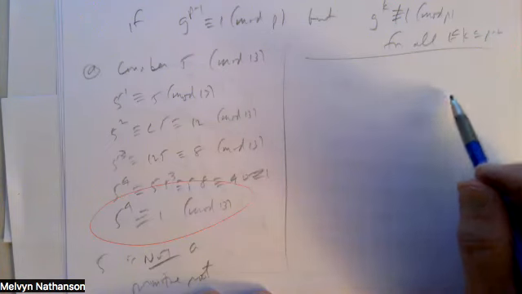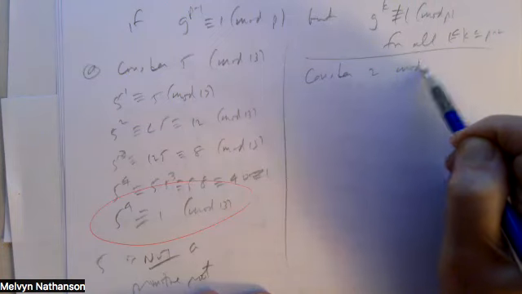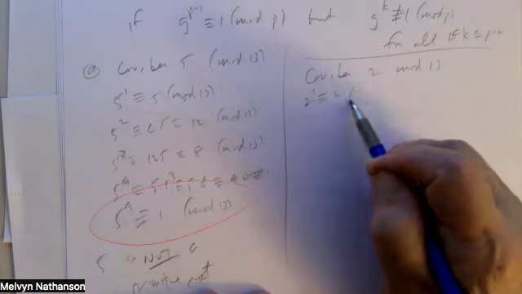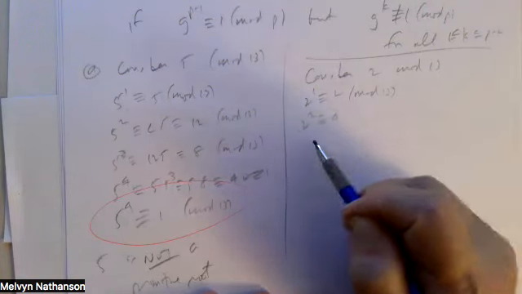Then we're asked to consider 2 mod 13. So 2 to the first power is 2. 2 squared is 4.